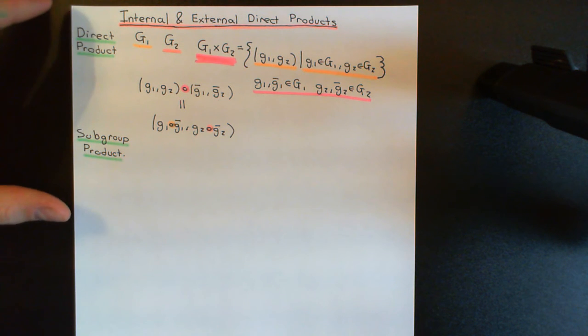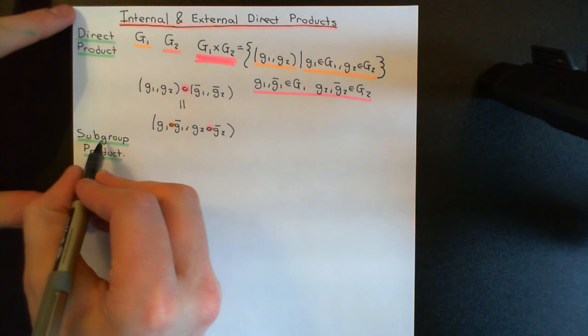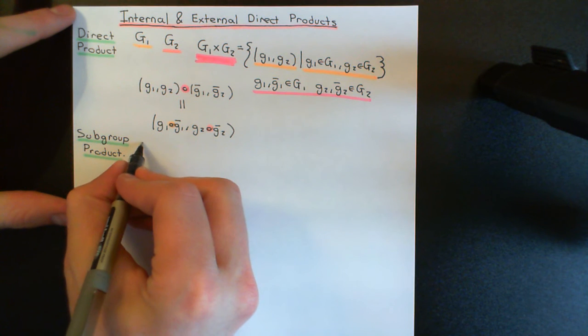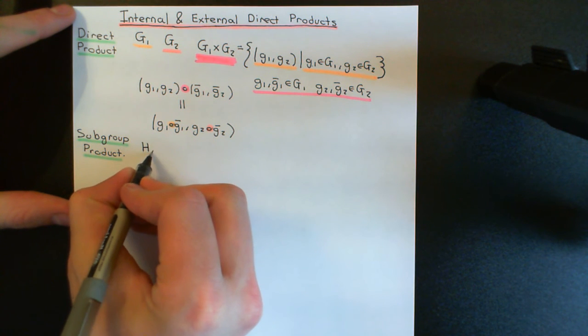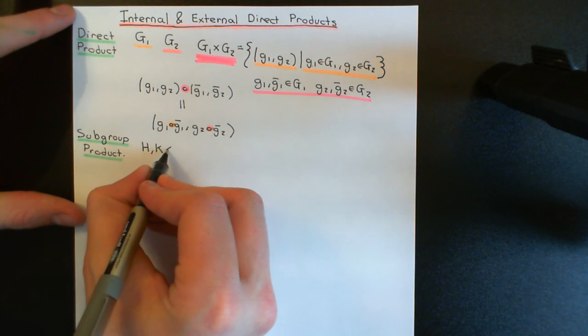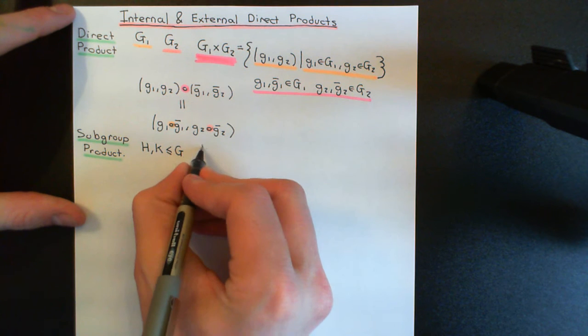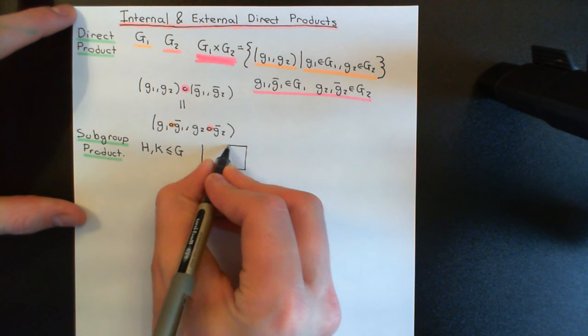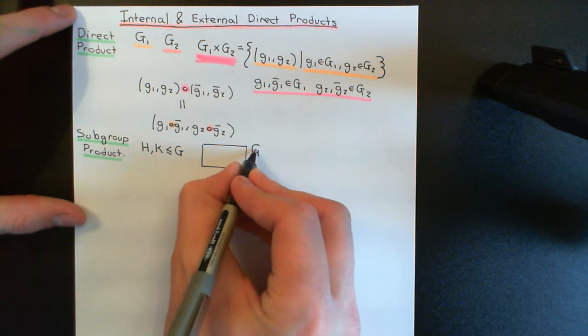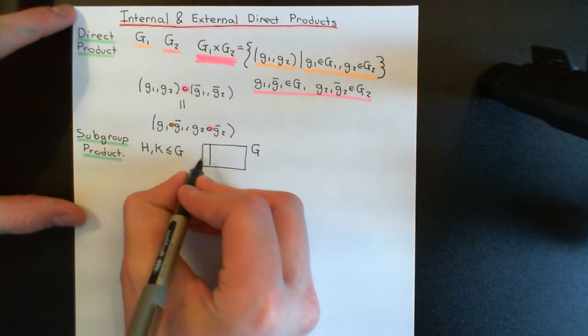Right, okay, so here the two things that we're going to product together must be subgroups of some larger group. So you'll have capital H and capital K, which are going to be subgroups of some group capital G. Just drawing a little picture here, you'll be working in some much bigger group, capital G, and you'll have two subgroups of it.